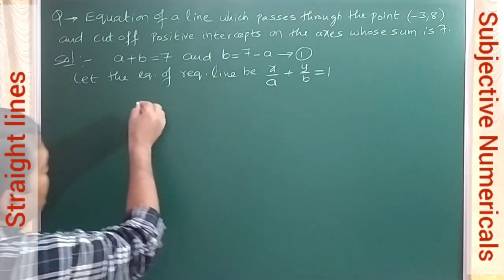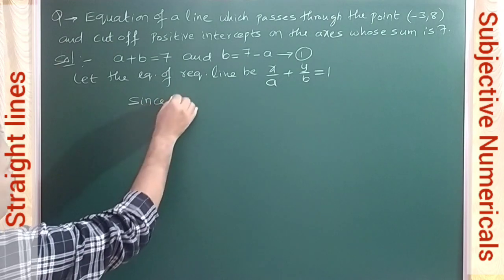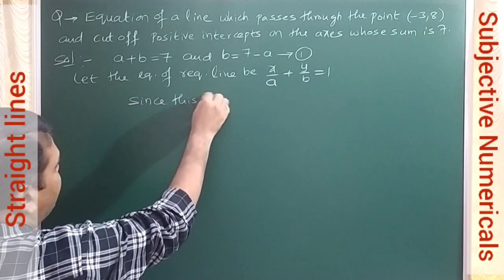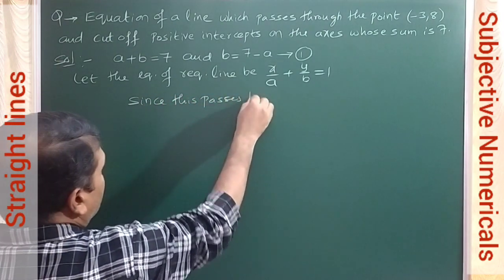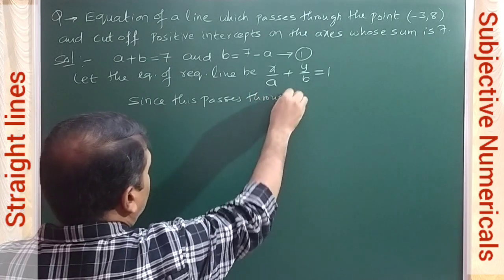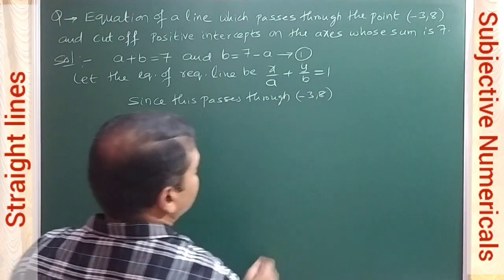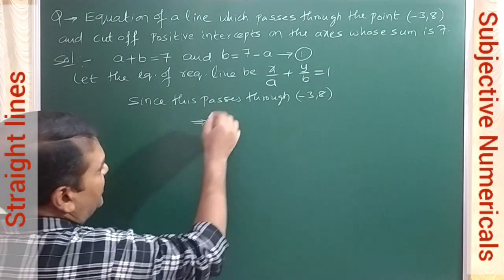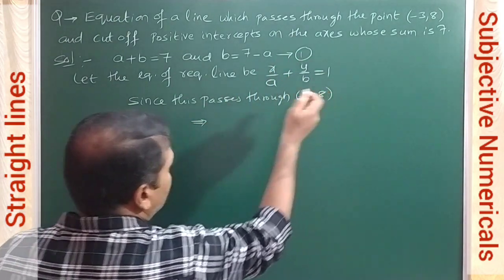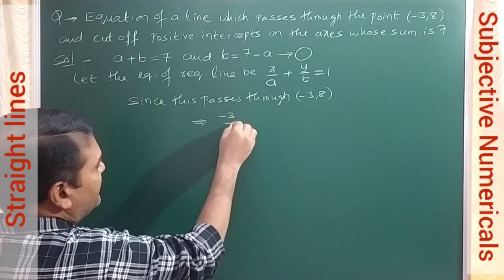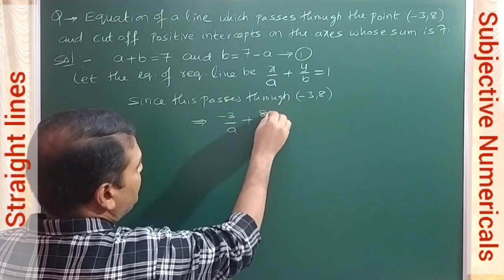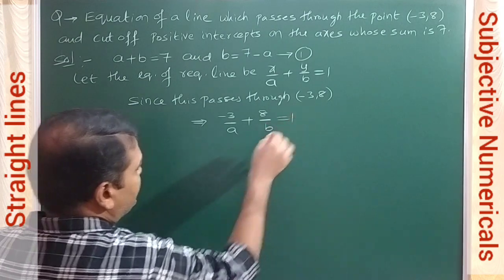Okay, now since this passes through (-3, 8), I will substitute in place of x and y this point which is given. So we will get like this.